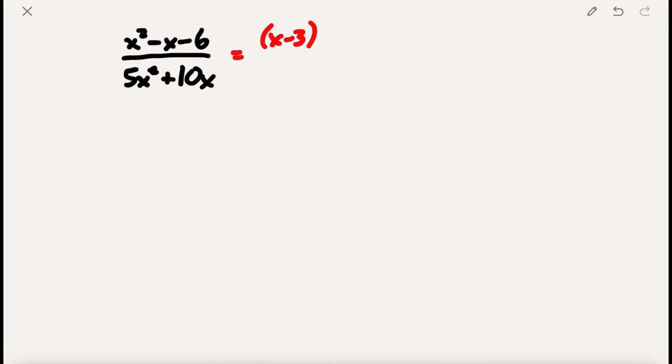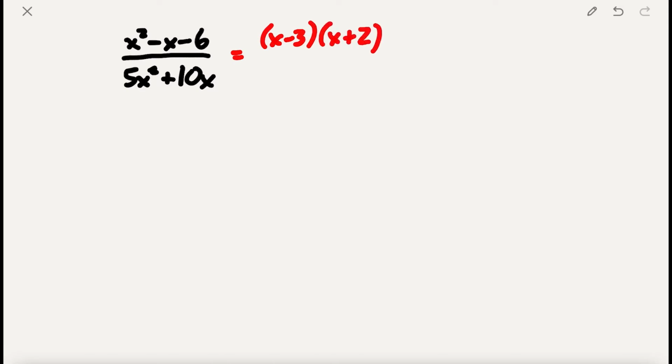All right, so the next one is going to be x squared minus x minus 6 all over 5x squared plus 10x. Okay, first thing I'm going to do is factor the top and the bottom completely. So if you factor the top, you should end up with x minus 3 times the quantity x plus 2.